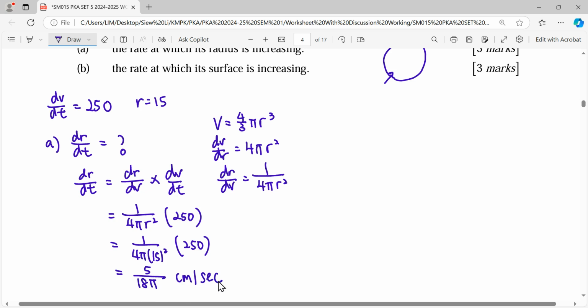So here we have our answer, or you can put it in decimal also.